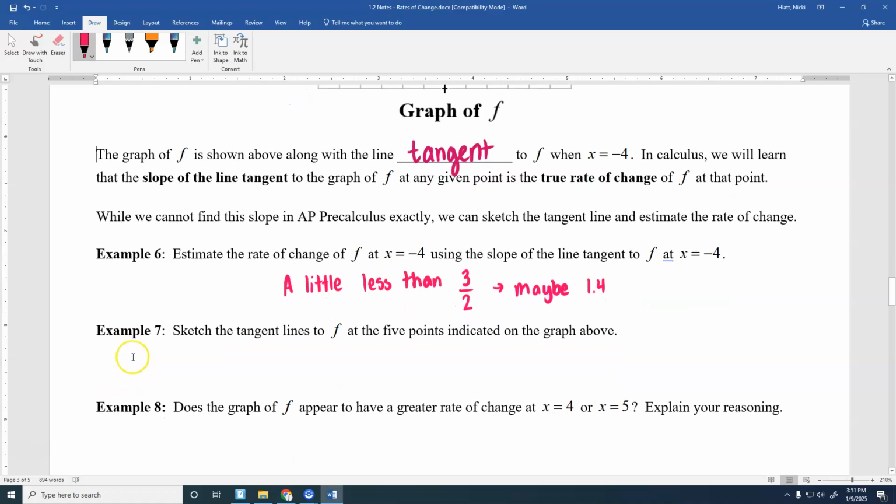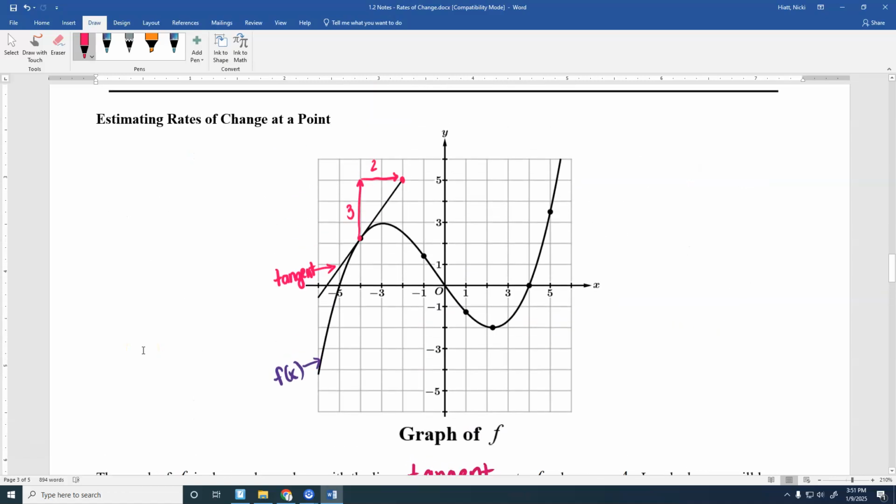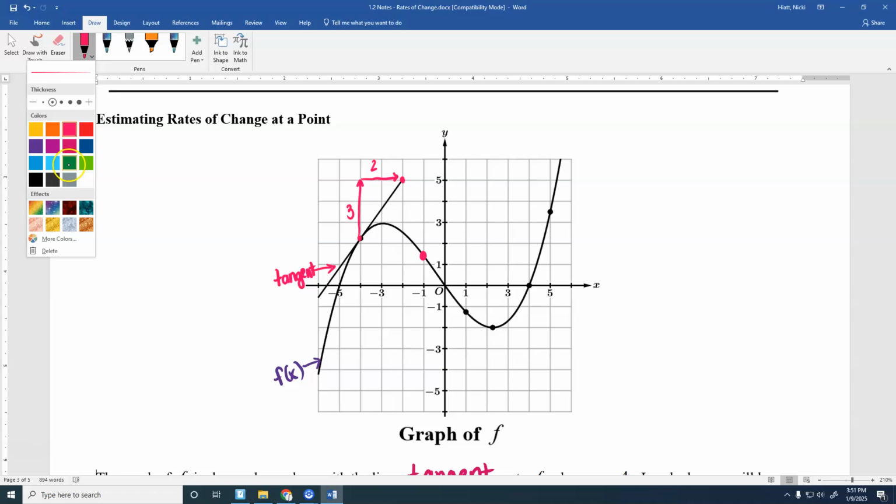Okay. Example 7 asks us to sketch the tangent lines to f at the 5 points indicated on the graph above. So there are points on this graph, and we're supposed to graph tangent lines to this graph. So at this point right here, let me use some different colors actually. Let's use green right here.